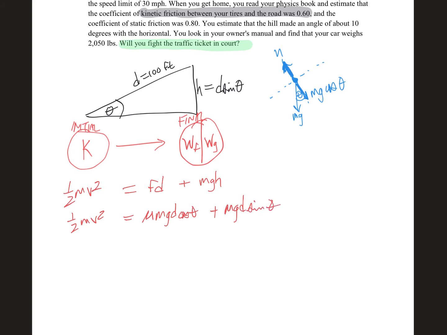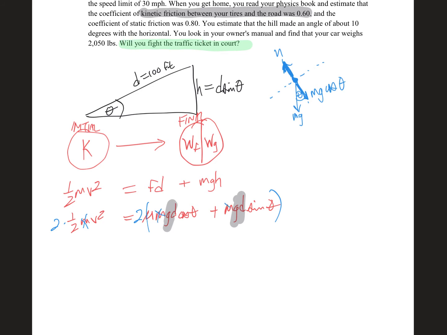All right, and so we can do all that. Notice that g d is common to both of these things, so M drops out.